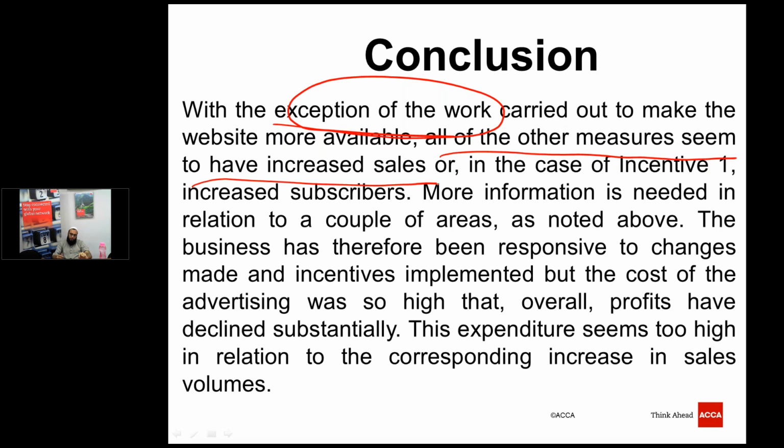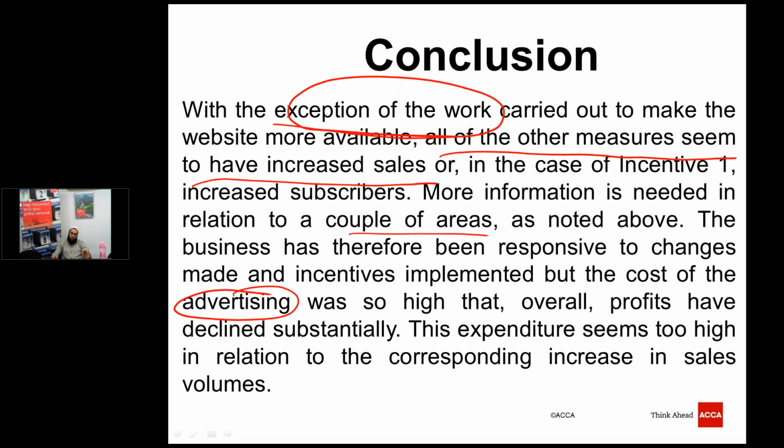Now what's the issue? The issue was in a couple of areas, like the advertisement was too expensive. It was not at all cost effective. Advertisement was too expensive. I'm sure you must agree with me on this point, because 200,000 were spent for just 28,000 people who visited the website.